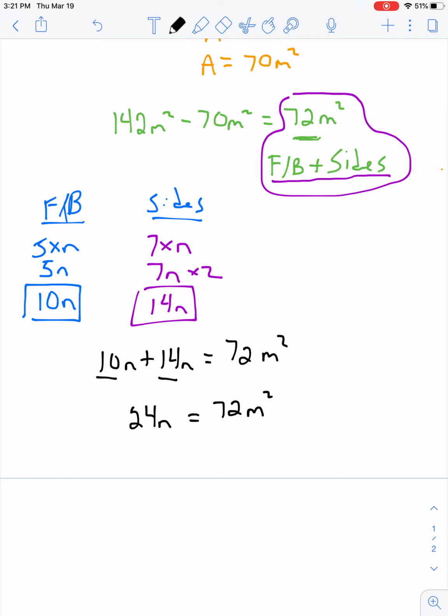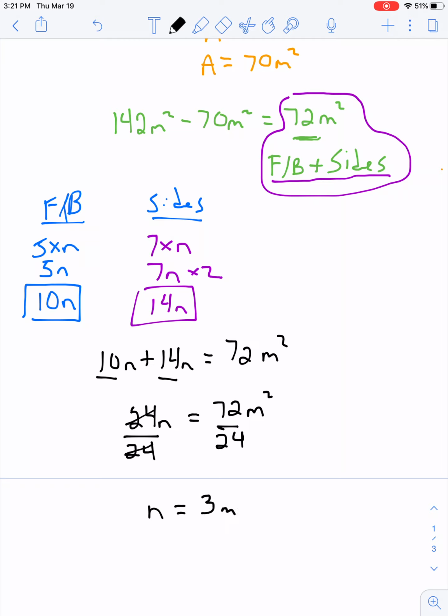To solve this simply, all I want to do is get n by itself. Right now it's being multiplied by 24. So my solution is simply to divide both sides by 24. These guys cancel, which leaves me with a single n. On this side, 72 divided by 24 is 3 meters.